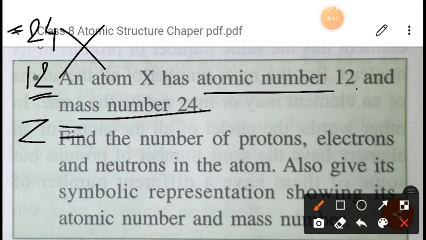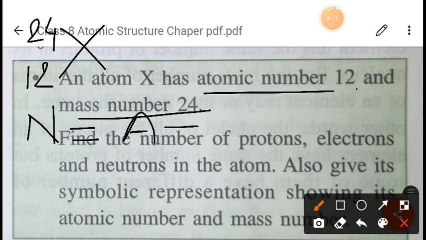Z is equal to the number of protons. The number of protons is equal to mass number A minus number of neutrons n. But n is not given here, so we will first find n. To find n, we use this formula: n is equal to A, the mass number, minus the atomic number.